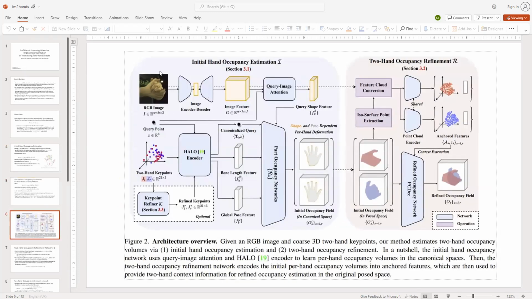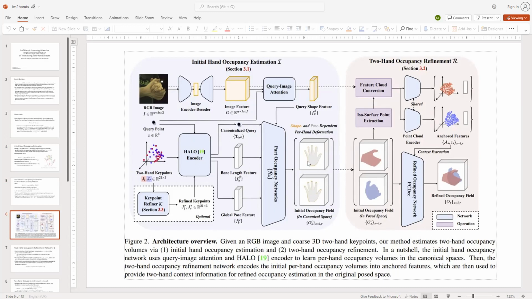Here we represent this scene, like I said, in a 3D coordinate system, in a 3D space. In that space, both hands are there in a deformed manner, interacting with each other in some particular pose. Something like a canonical space would be like this, which is a 3D space, but it has a fixed pose.